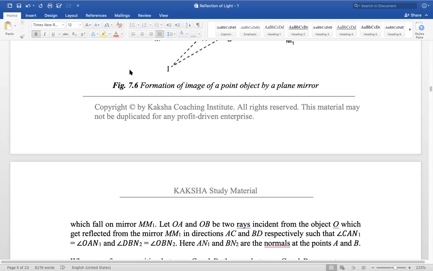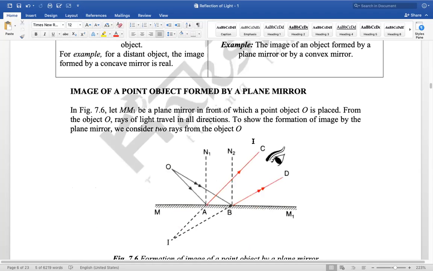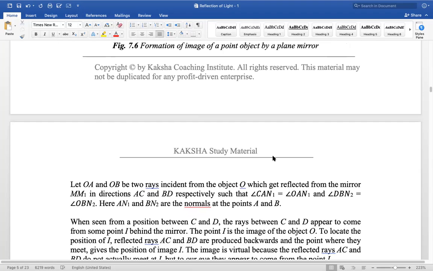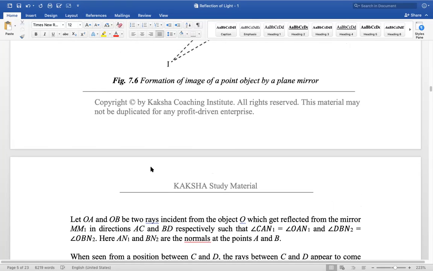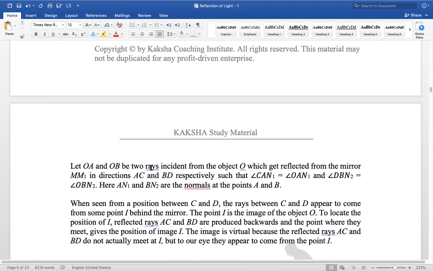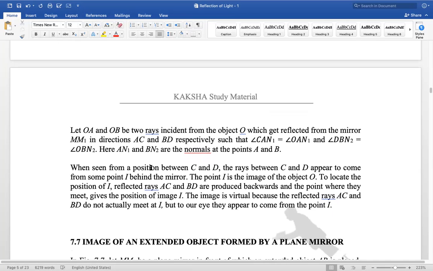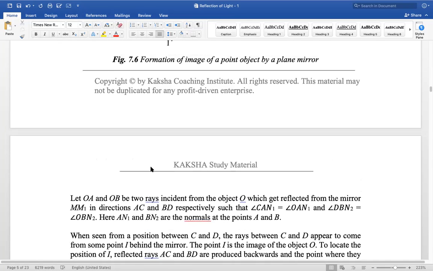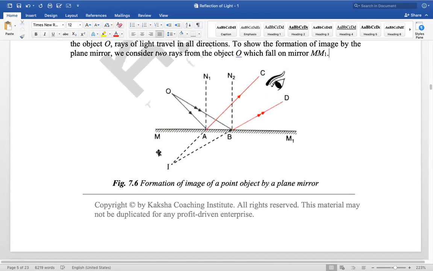Let OA and OB, इसको उधर ऊपर ही रख लेते हैं. So let OA and OB be two rays incident from the object O which gets reflected from the mirror MM1 in direction AC and BD respectively, such that angle CAN1 is equal to angle OAN1. तो ये जो angle है CAN1 and angle OAN1, these are equal.